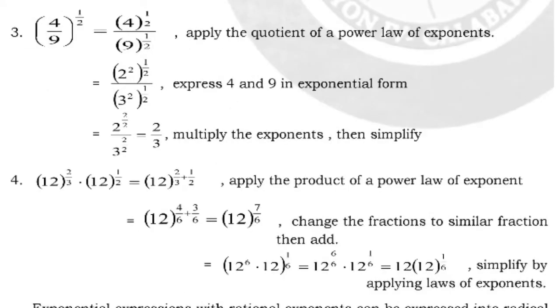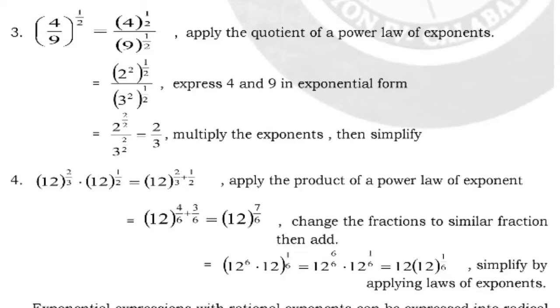Number 3, 4 over 9 raised to the power of 1 half. Applying quotient of a power, we raise the numerator and denominator to the same power, which is 1 half. So we raise 4 to the power of 1 half and 9 to the power of 1 half. We can express 4 as 2 squared and 9 as 3 squared.